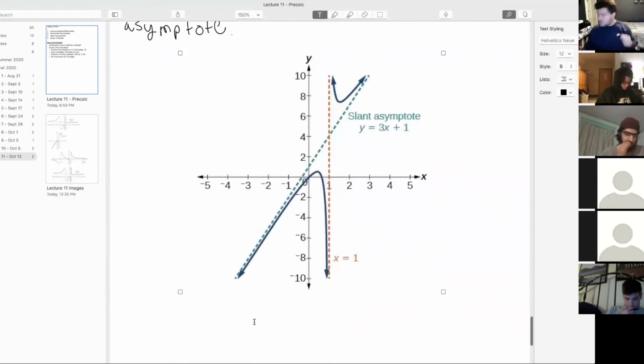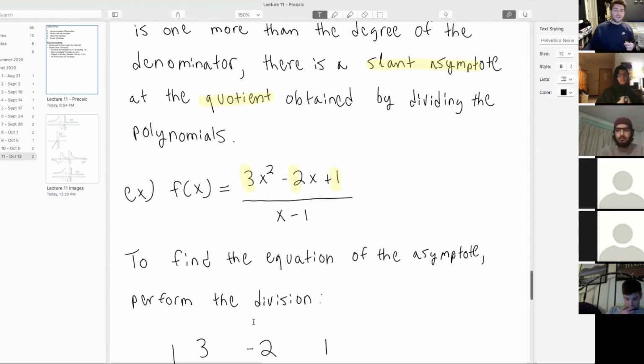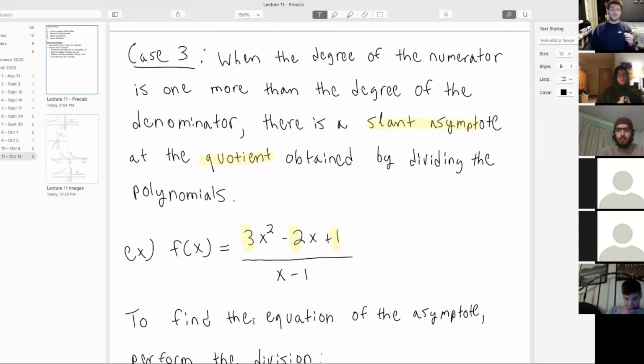So those are all the cases. Now you may be wondering, why are we not caring about when the degree of the numerator is 2 higher than the degree of the denominator, or 3 higher or 4 higher? In that case, the quotient you obtain after doing the long division is not going to be a line anymore. If you divide a polynomial of degree 4 by a polynomial of degree 2, your quotient will be a polynomial of degree 2, which is a quadratic.